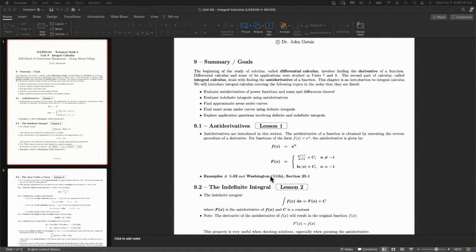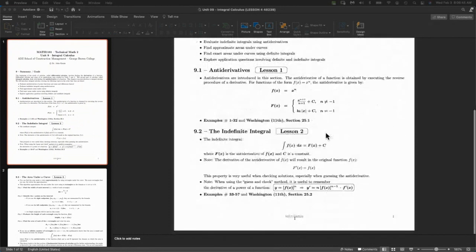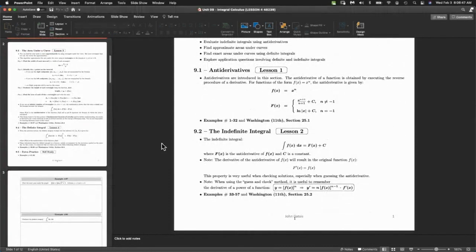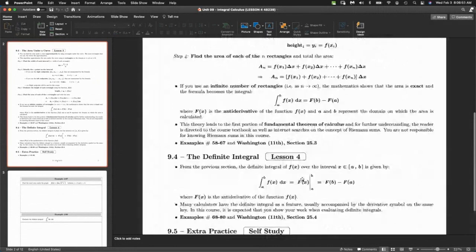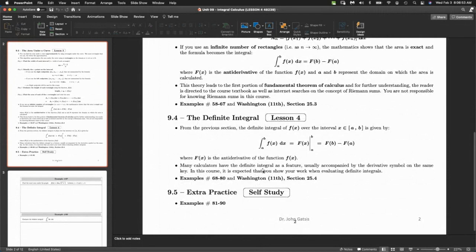So this week's lesson is the fourth lesson from Unit 9 on antiderivatives. And we're going to cover something here called the definite integral. There it is, definite integral. I kind of hinted toward this last class in the last example.